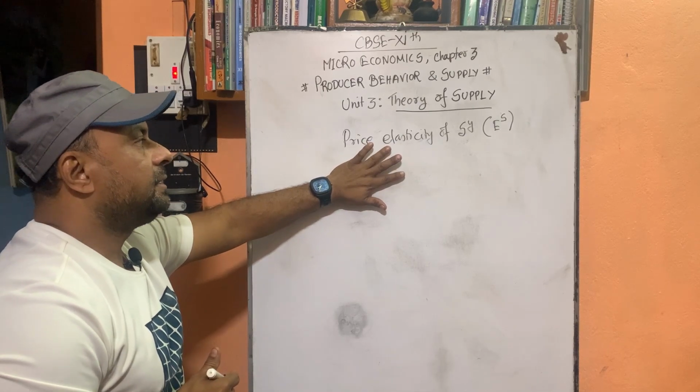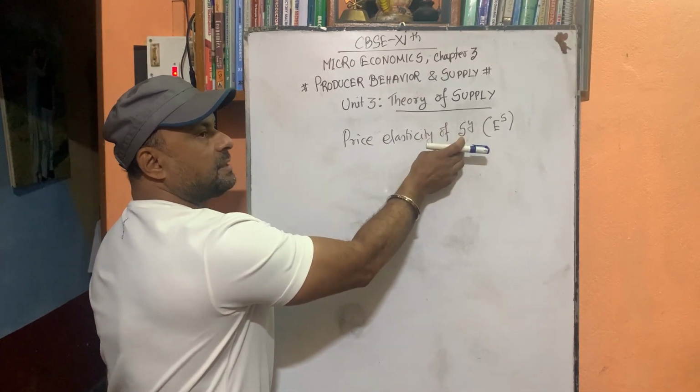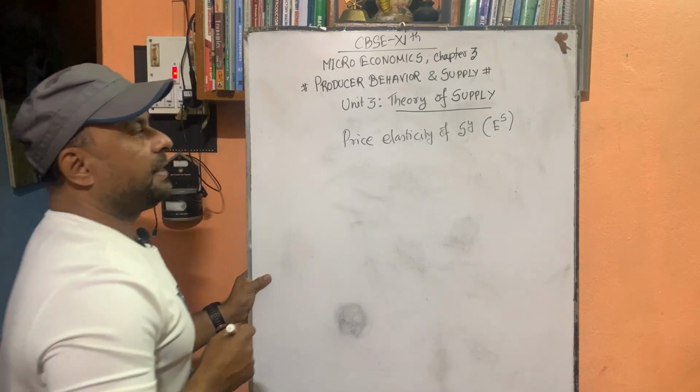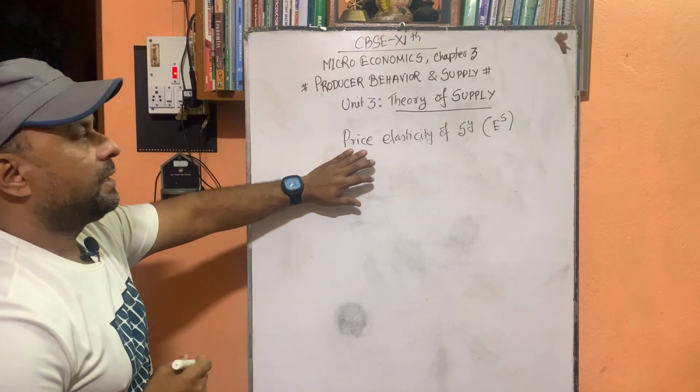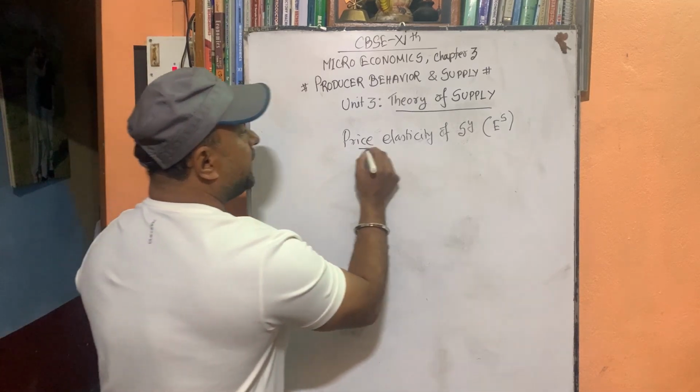But in elasticity, we can exactly calculate with the rise in the price how much the supply will rise, and with the fall in the price how much the supply will fall. Okay, this is price elasticity of supply, meaning price reaction. So we can write it this way.